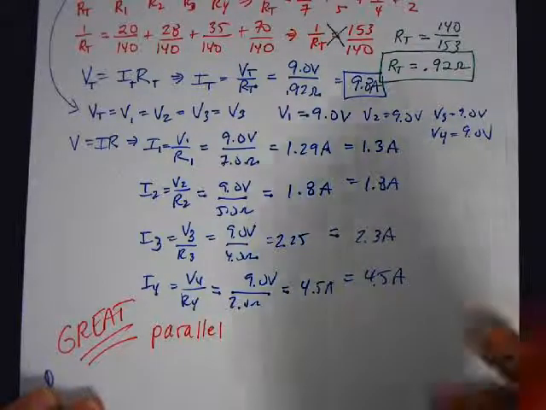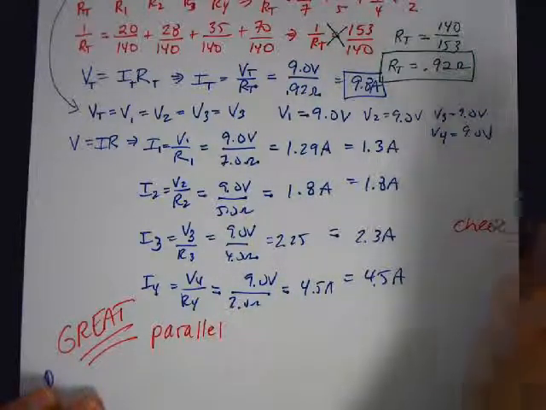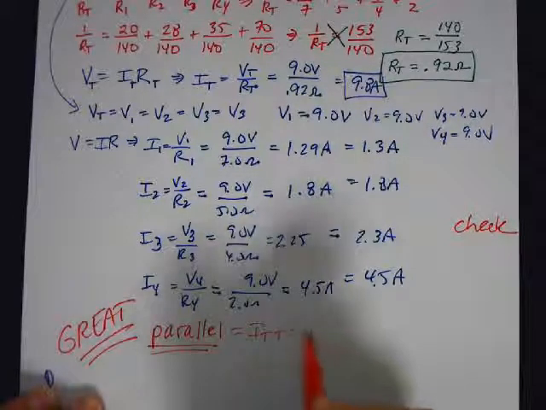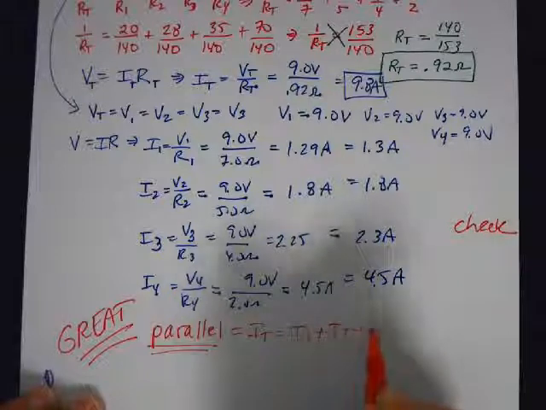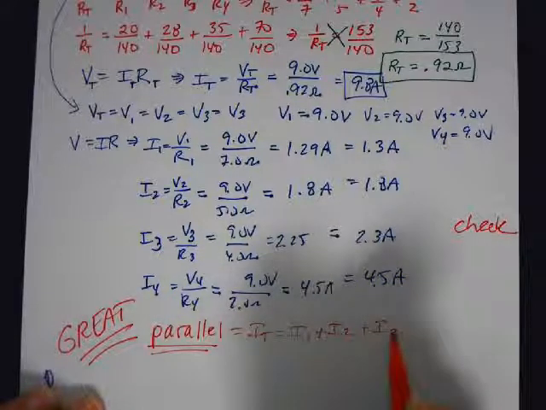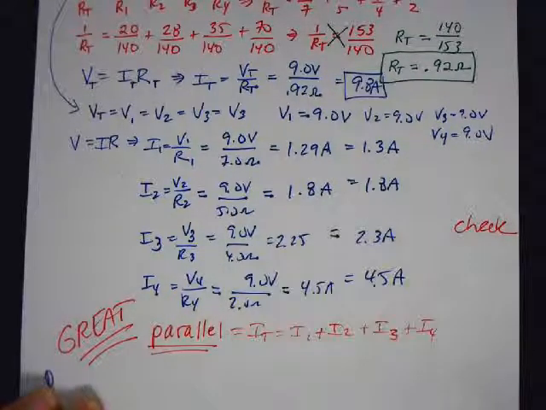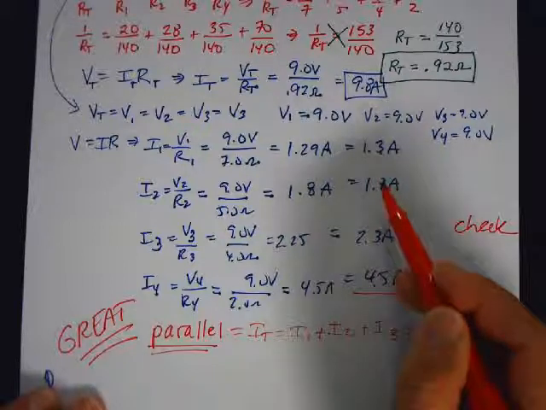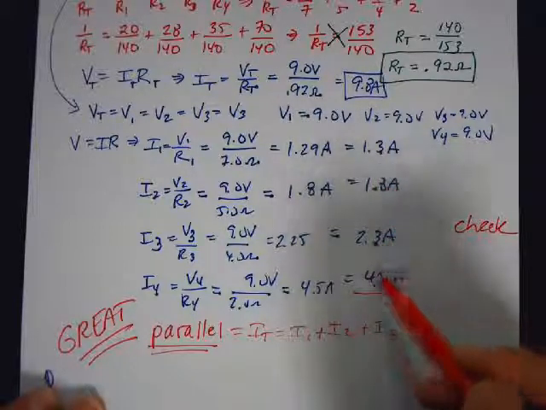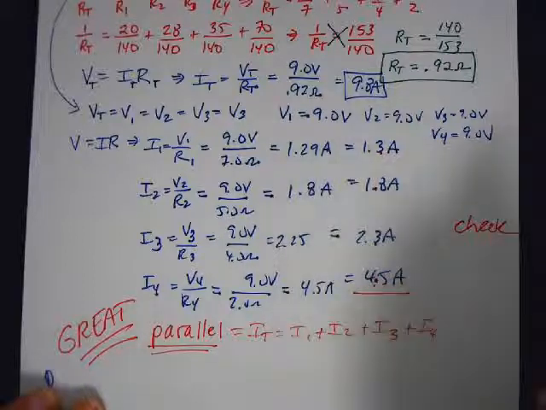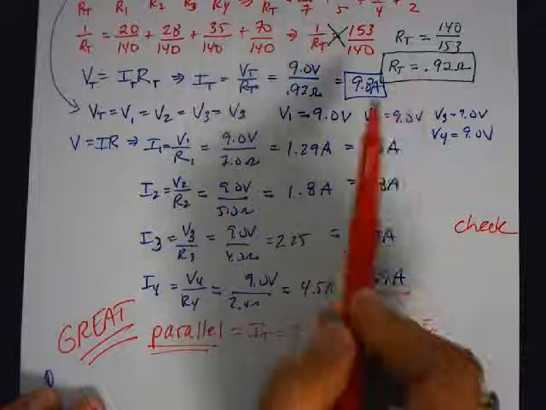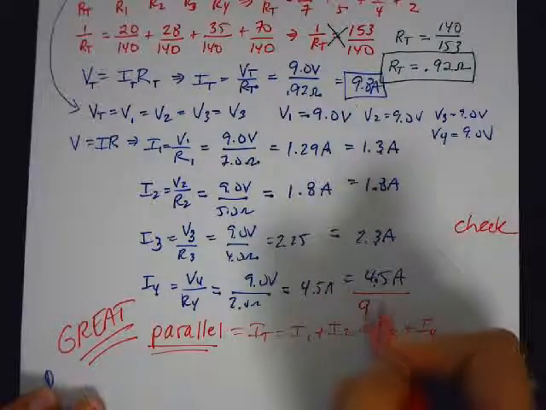So if I want to check my work, I know that in parallel, the currents need to add up to the source. So I'm going to add these up, 1.3, 1.8, 2.3, and 4.5, and these should add up to be IT, so these should add up to be 9.8.